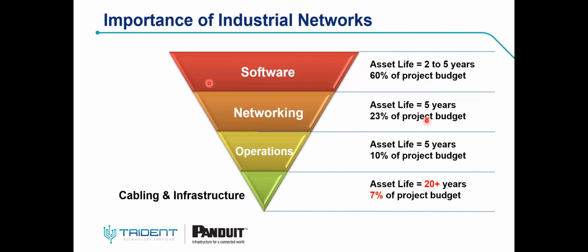The operations aspects related to the network hardware and software are about 10% of the budget. Finally, the network physical infrastructure cabling is only around 7% of the project expense, but we all expect it to last for a minimum of 20 years.